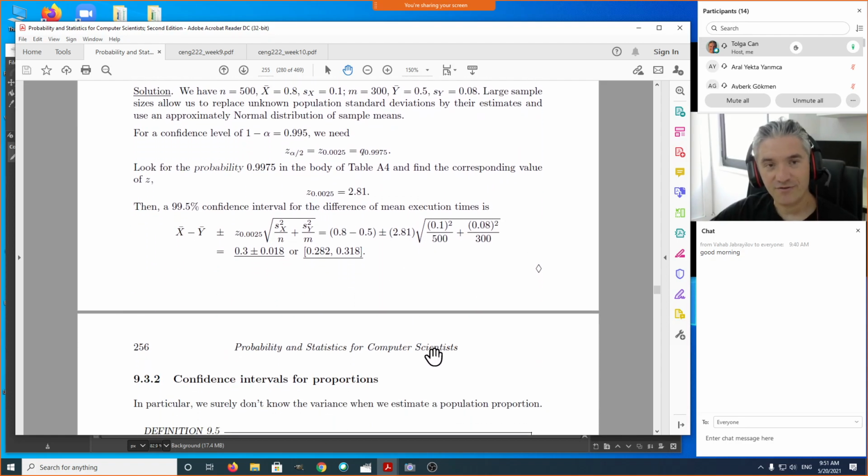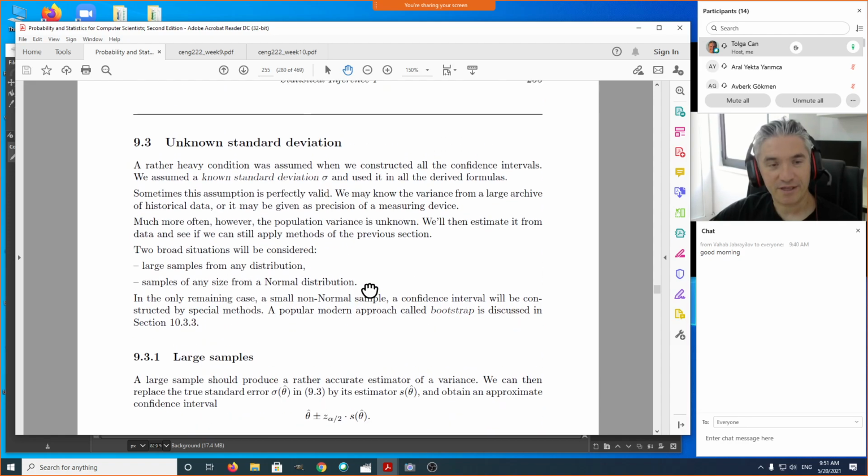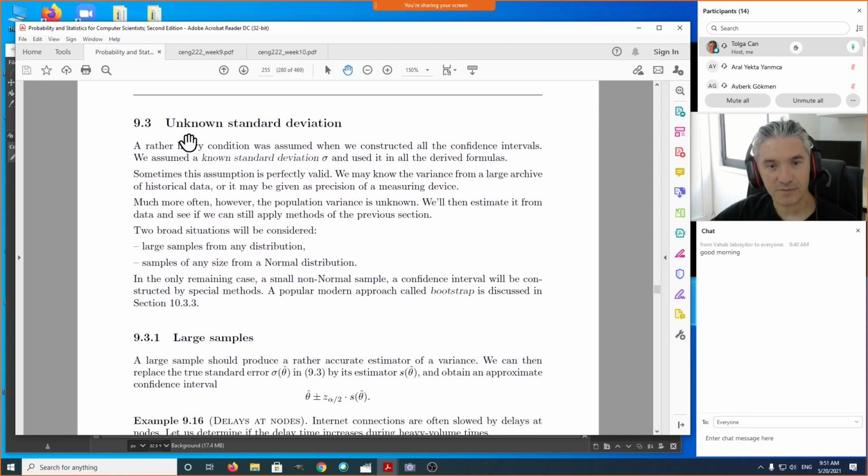Now, the other interesting part, this unknown standard deviation. We haven't talked about a case for estimating population proportions, for example, 1% of Turkish people have blue eyes.